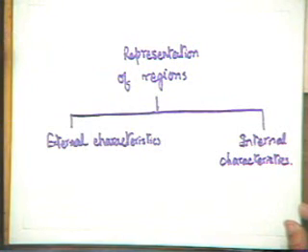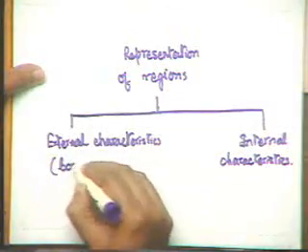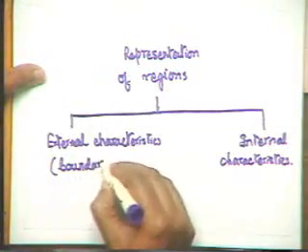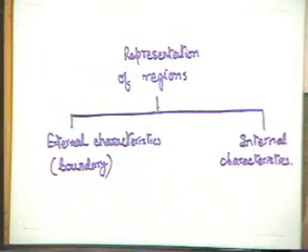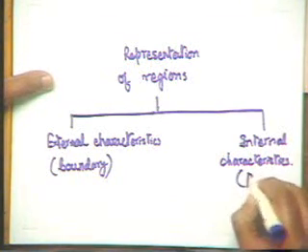Now what do we mean by the external characteristics of a region? Obviously, when we say external characteristics of a region, we mean the characteristics of its boundary. So external characteristics always refer to the boundary of the region, and internal characteristics obviously refer to the pixels which are composing the region.